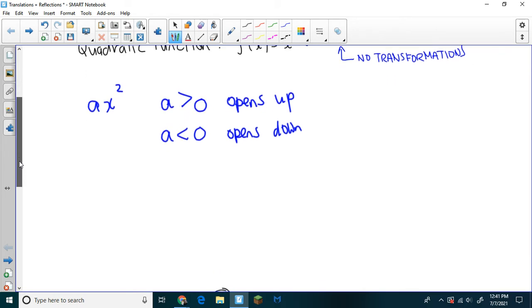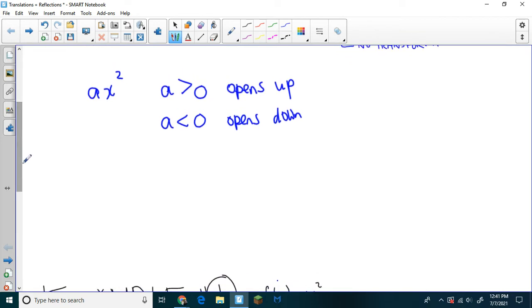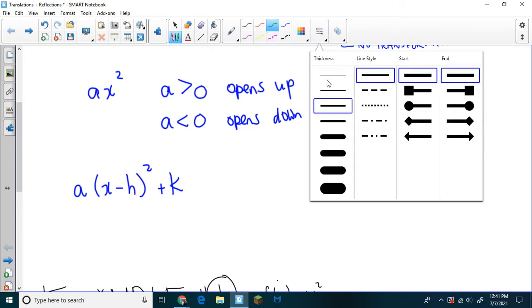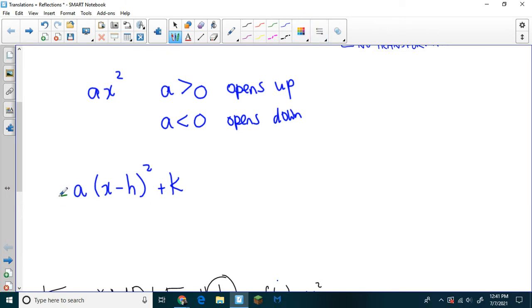Now, you may also remember from the general form of a quadratic something that looks like this. And this type of quadratic, if you remember, is in vertex form.